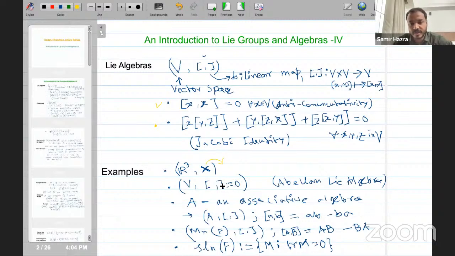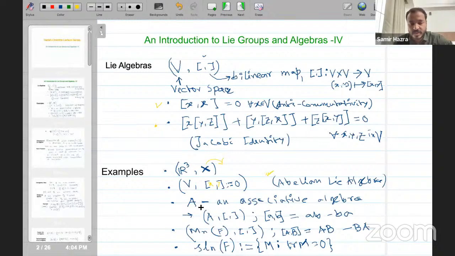Anyway, if V is any vector space, we can define the bracket of any two elements, let's say [x, y], to be 0. Then this bracket satisfies all of this, and therefore V with this trivially defined bracket is a Lie algebra called the abelian Lie algebra.